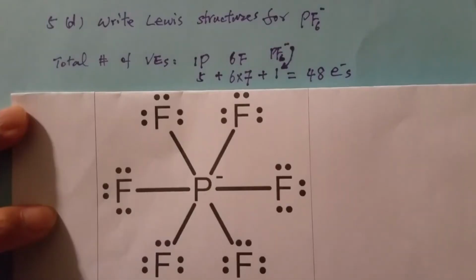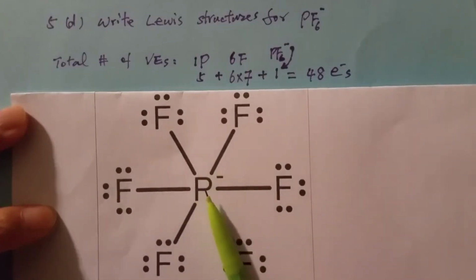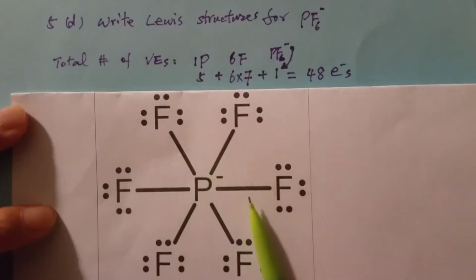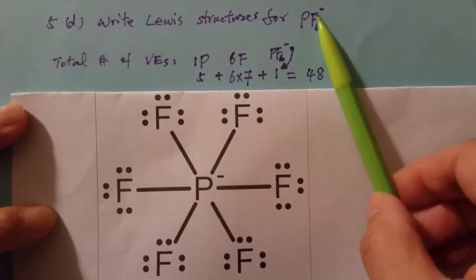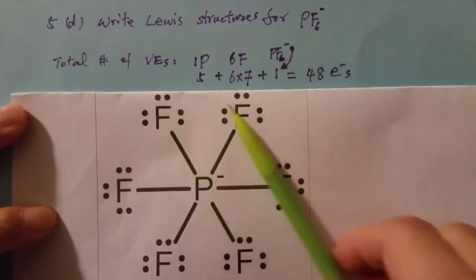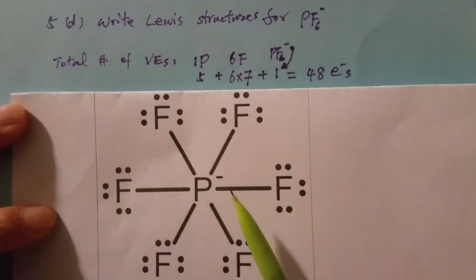Based on that analysis, phosphorus should be the central atom. We'll draw 6 bonds: 1, 2, 3, 4, 5, 6. And of course, the 6 fluorine are the surrounding or peripheral atoms.